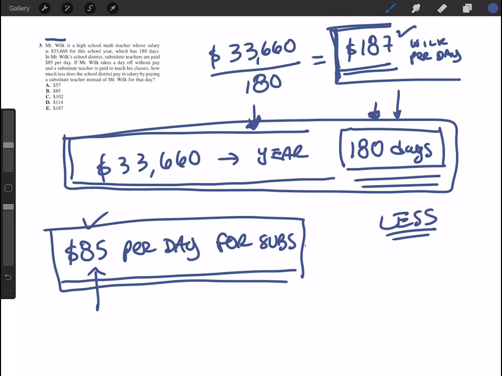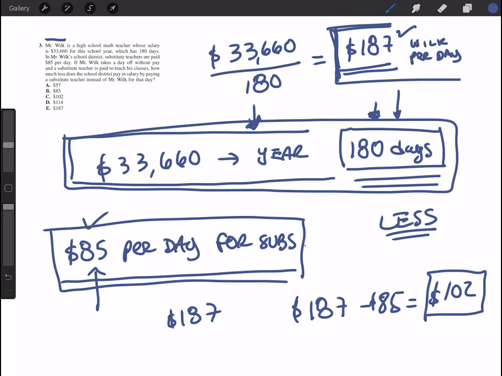But if Mr. Wilk had worked that day, it would have paid 187. So if we subtract 187 minus 85, we'll be able to know how much money the school district saved. So 187 minus 85 is equal to 102. And that's the amount of money saved by the school district.